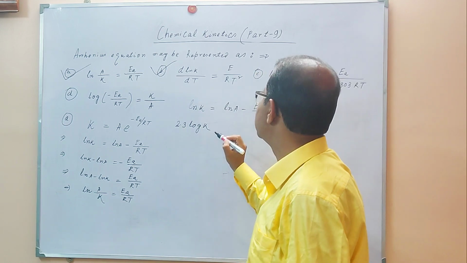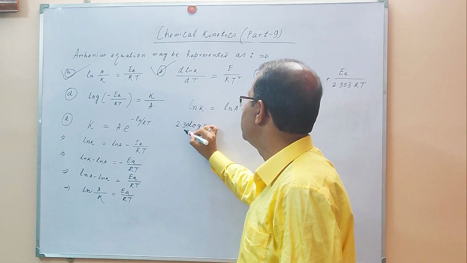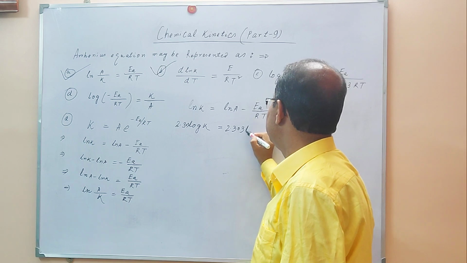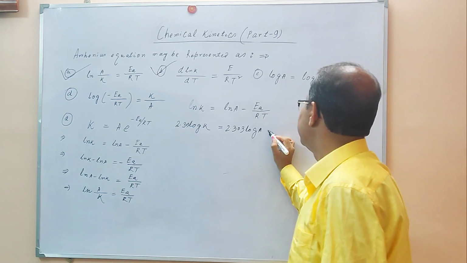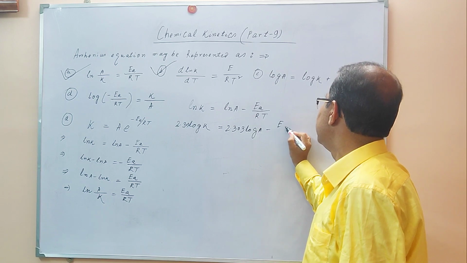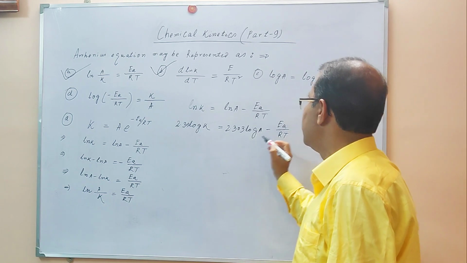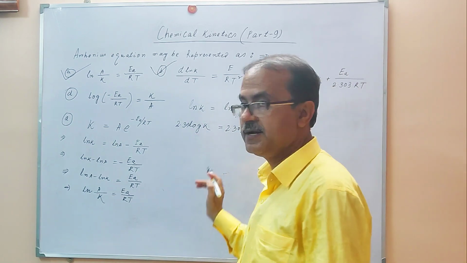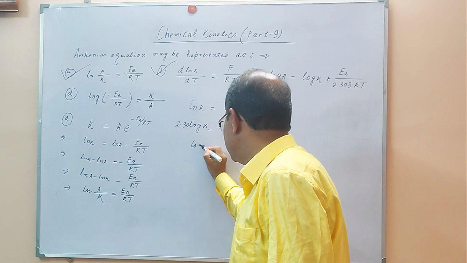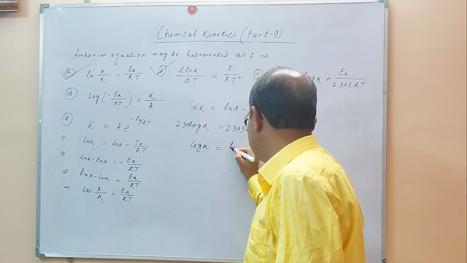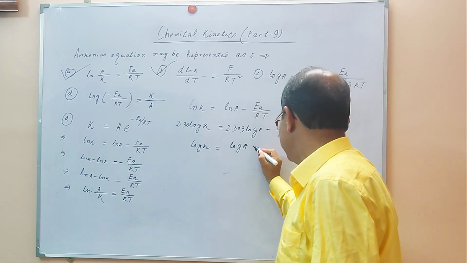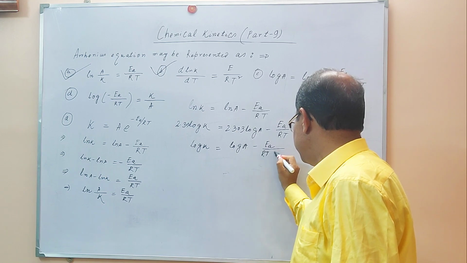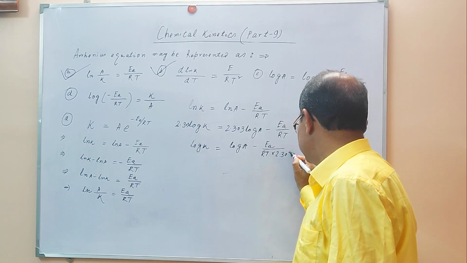That will be 2.303 log k is equal to 2.303 log A minus EA by RT. Now we are dividing both the sides, left hand side and right hand side, by 2.303. So what we will get? Log k is equal to log A minus EA by RT into 2.303.